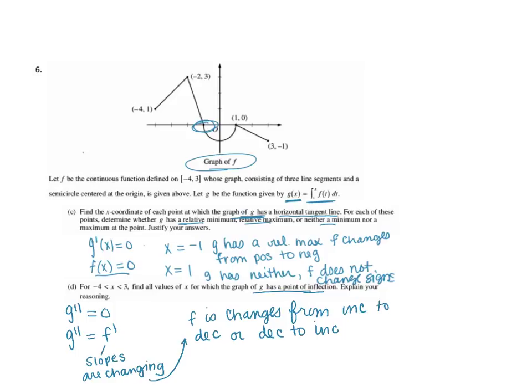Now, where does that happen? At what x value, sorry, they didn't want the intervals. So where do we change from increasing to decreasing, or decreasing to increasing? That happens when x equals -2, when x equals 0, or x equals 1.